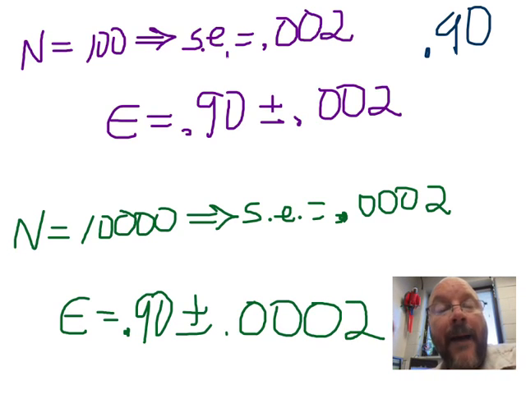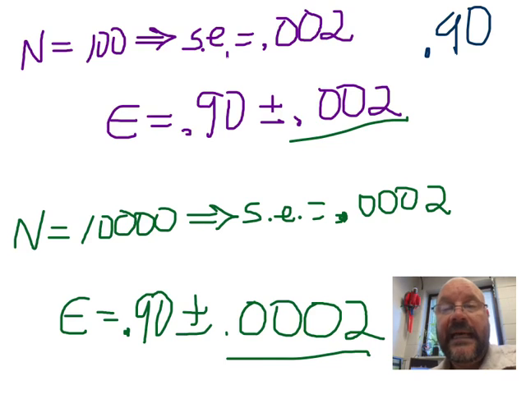So it's a lot more precise. Less precise, more precise. Doesn't help us. We don't know if it's right. We don't know if 0.9 is the real value or not, but we can finally say something about the precision.